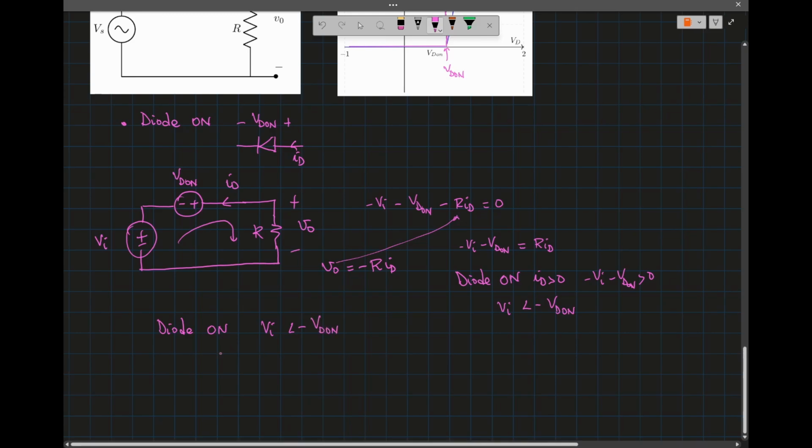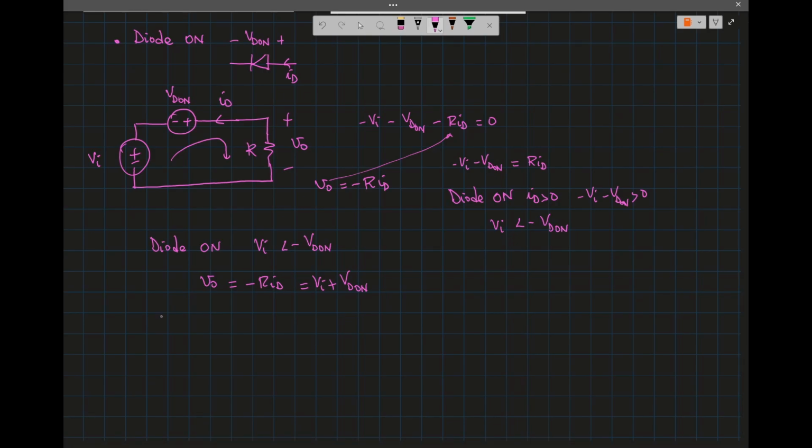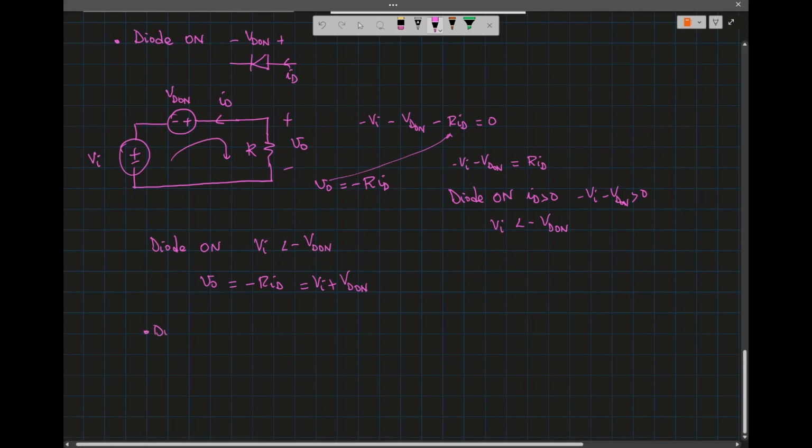And then what's the output? V_0 is negative R I_D. So that is equal to V_I plus V_D(on). Okay, then the diode will be off.